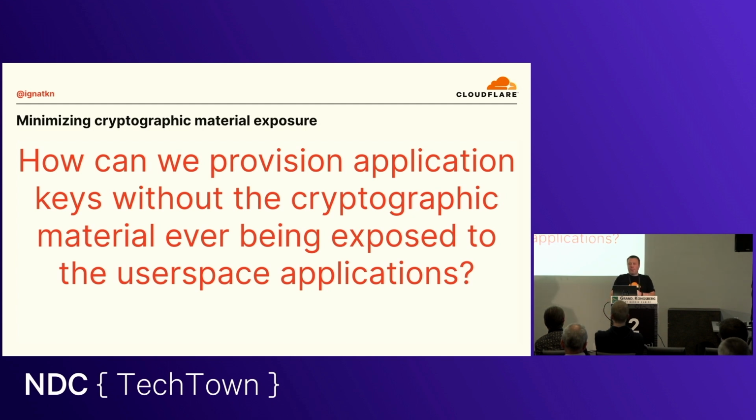That opens a window of opportunity to the attacker. If the attacker can compromise the user space process while the information is there, the attacker can still grab that information. So the idea is, how can we provision the application keys without the cryptographic material ever being exposed to user space, so that in user space we never see memory with the cryptographic material?